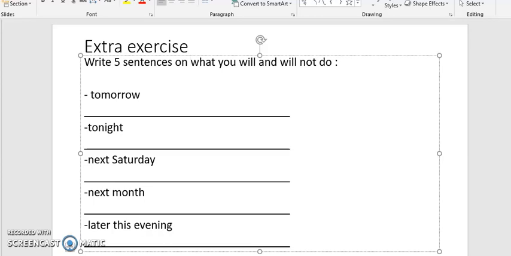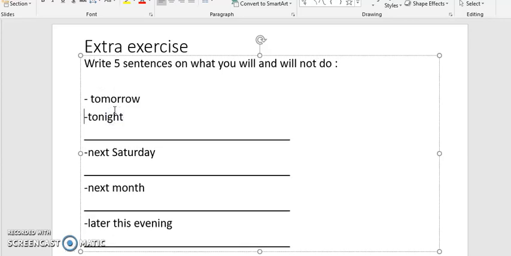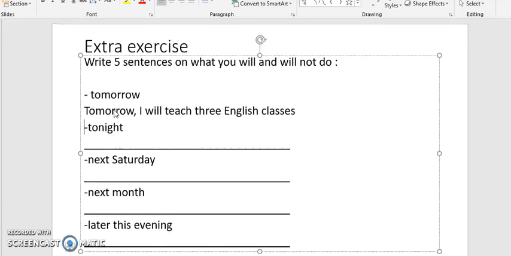Example: tomorrow I will teach 3 English classes.